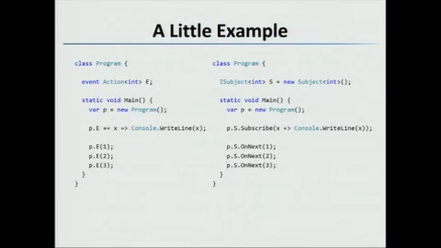All right, so now let's contrast these two examples. Here we have an event e, and we have a subject s on the right-hand side, and we'll put a breakpoint here and step through each of these examples. If we start off with the program, we create a program. In each case, now we're going to add a handler. On the left, we have the event, and we do the plus equals. On the right, we do Subscribe.